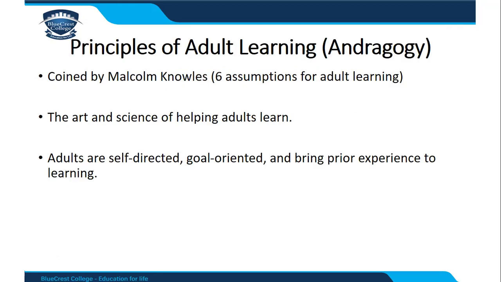Okay. So there are some principles of adult learning, right? And this was coined by Malcolm Knowles. Okay. And adult learning, or andragogy, is the art and science of helping adults to learn.